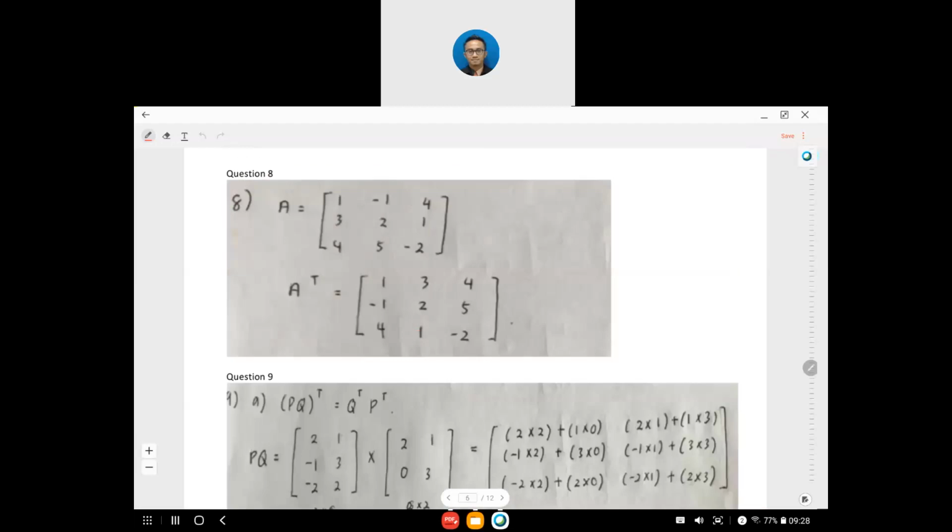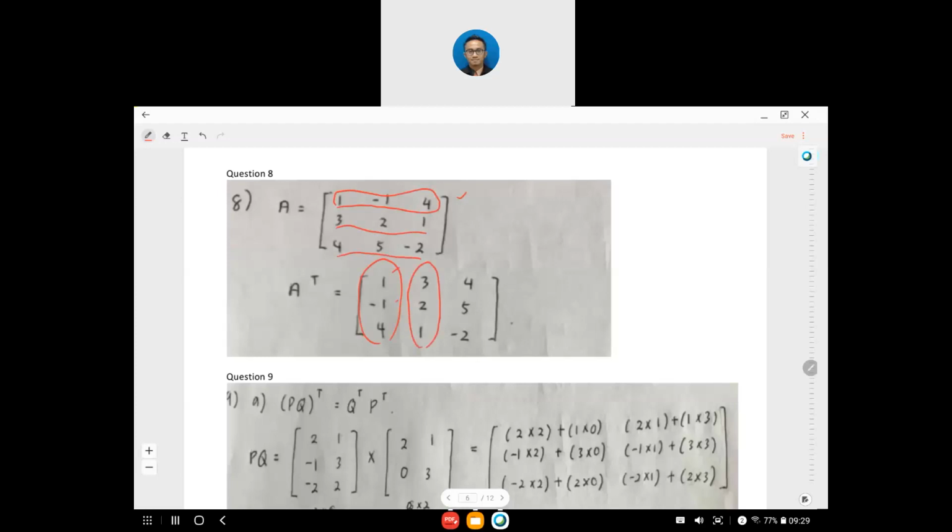Okay, look at question 8. You have matrix A, this one, and directly you only want to transpose this matrix. So you can get 1, negative 1, the first row becomes the first column. Second row becomes second column.